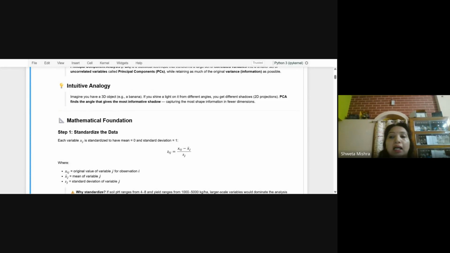So here, how PCA works, the mathematical concept and all that. The first thing is that when we are going to use the principal component analysis method, the first idea is to standardize the data.